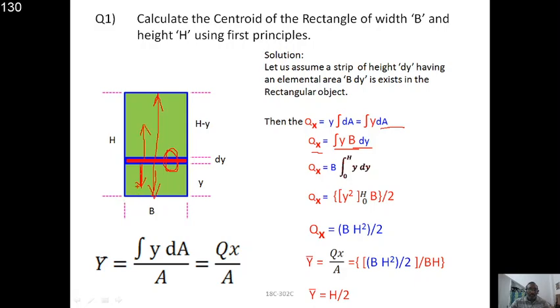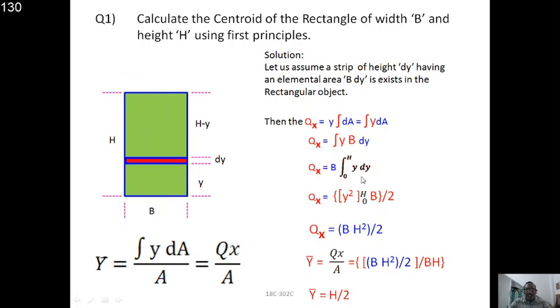While it is at the bottom, it is zero height, and while it is going to the upper side, it is equivalent to h. So at this point it is h. So 0 to h it can travel. Then it gives the summation of all the elements of horizontal areas. So the boundary limits are 0 to h.